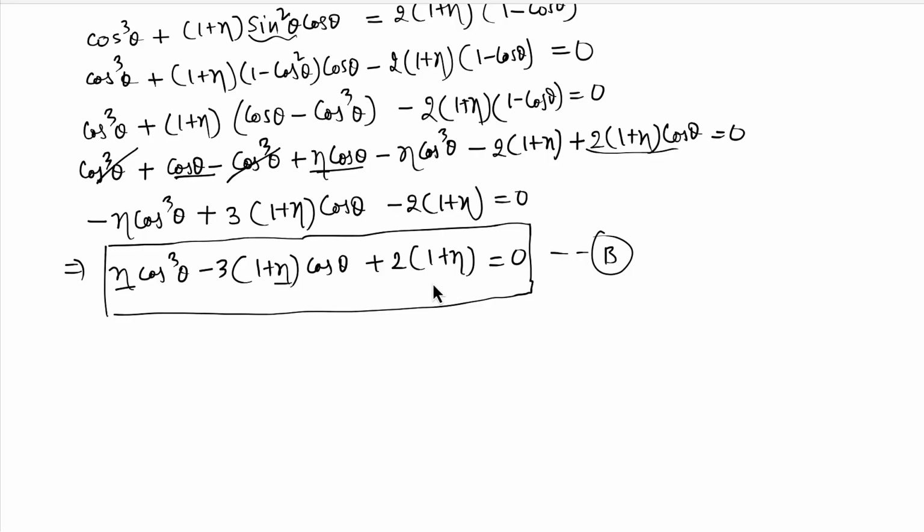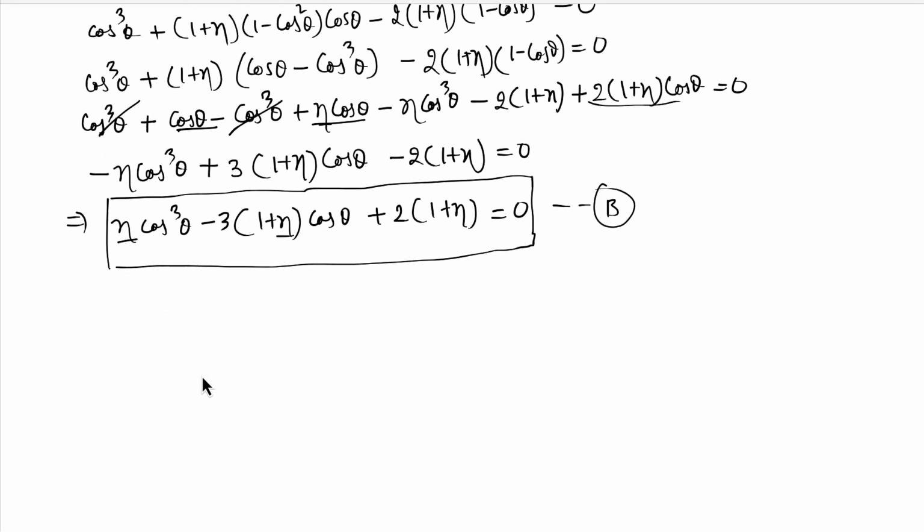But we can solve this problem for some special cases. So when eta is, let's say, 1, that implies m is equal to M, then what we get is cos cube theta minus 6 cos theta plus 4 equal to 0.